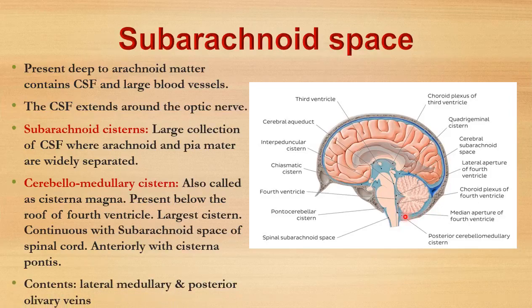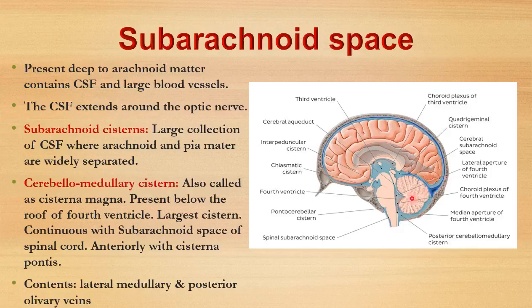This cistern is continuous above with the fourth ventricle. So through the openings in the roof of the fourth ventricle, sorry, I said lateral ventricle, from the foramen of Magendie, an opening in the roof of the fourth ventricle, the CSF escapes into the subarachnoid space.